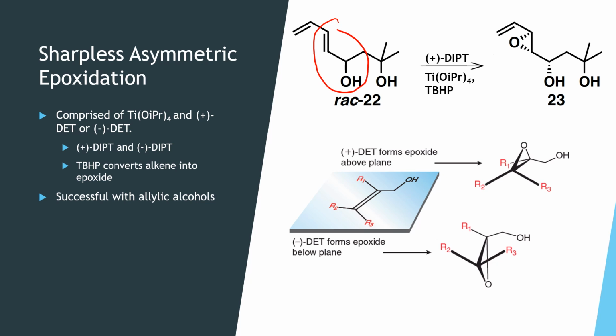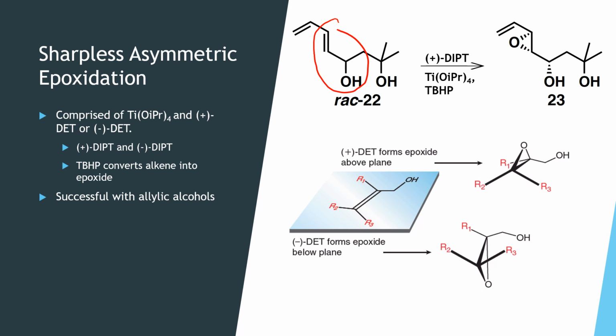The reason why we use this catalyst over DET is DIPT's ability to sometimes achieve higher selectivity. So positive diisopropyl tartrate will form an epoxide above the plane of molecule 22 and therefore forming molecule 23.